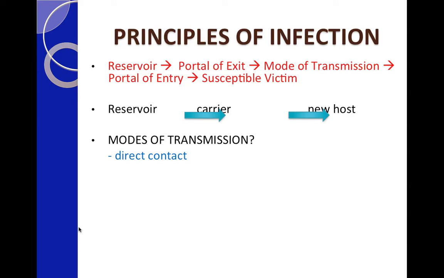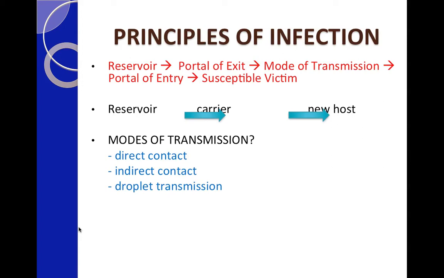I mean, anything that involves direct contact from one carrier to a new host. Indirect contact usually involves some sort of intermediary. Just as an example, if you have contaminated water, or contaminated shellfish that somebody then consumes, that would be an indirect contact mode of transmission.